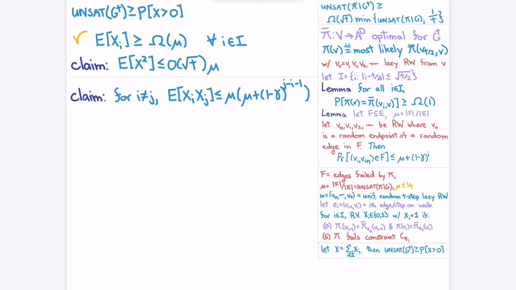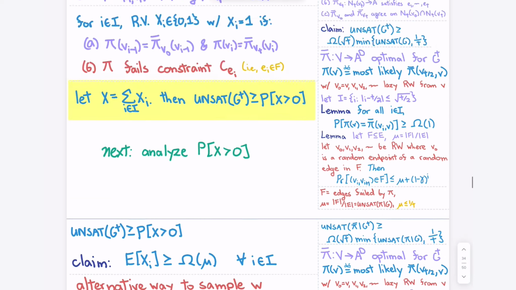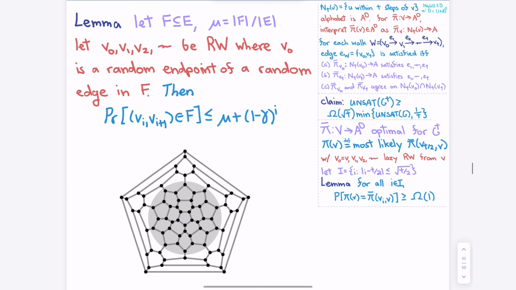And now the odds that 10 steps later you're again on a bad edge, in this bad region, goes back to this lemma, which I only briefly mentioned. The odds that i steps later, but for us that will be j minus i, you're again in the mu region, will be mu plus (1 minus gamma) to the j minus i, right?